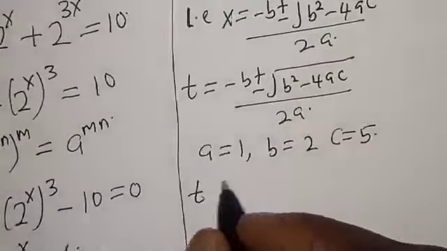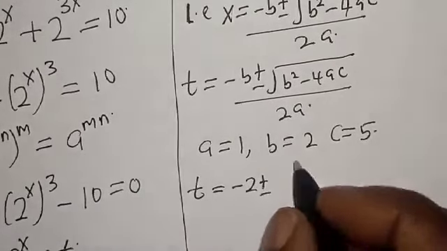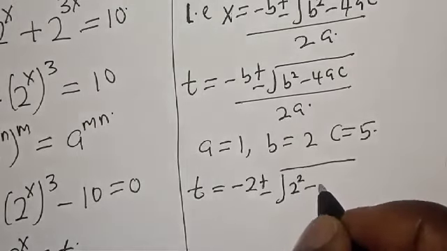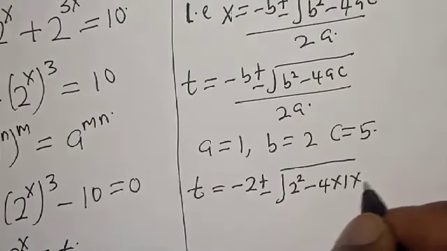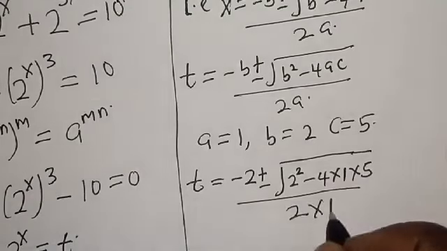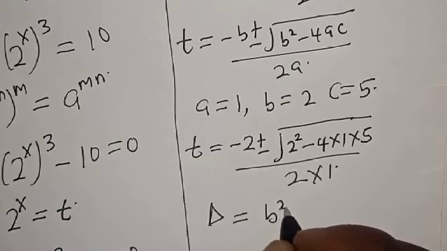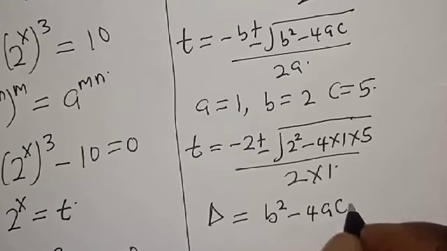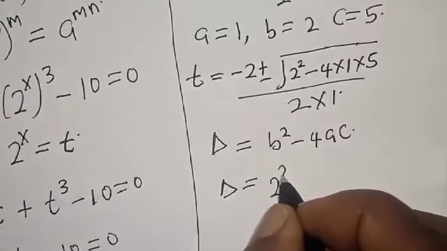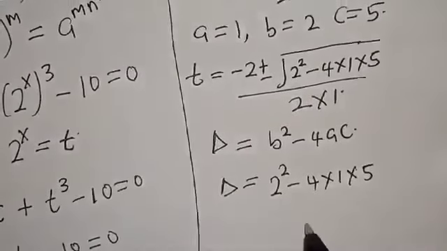We have t is equal to minus 2 plus or minus square root of 2 squared minus 4 multiplied by 1 multiplied by 5, over 2 multiplied by 1. The discriminant is equal to b squared minus 4ac, which is 2 squared minus 4 multiplied by 1 multiplied by 5.